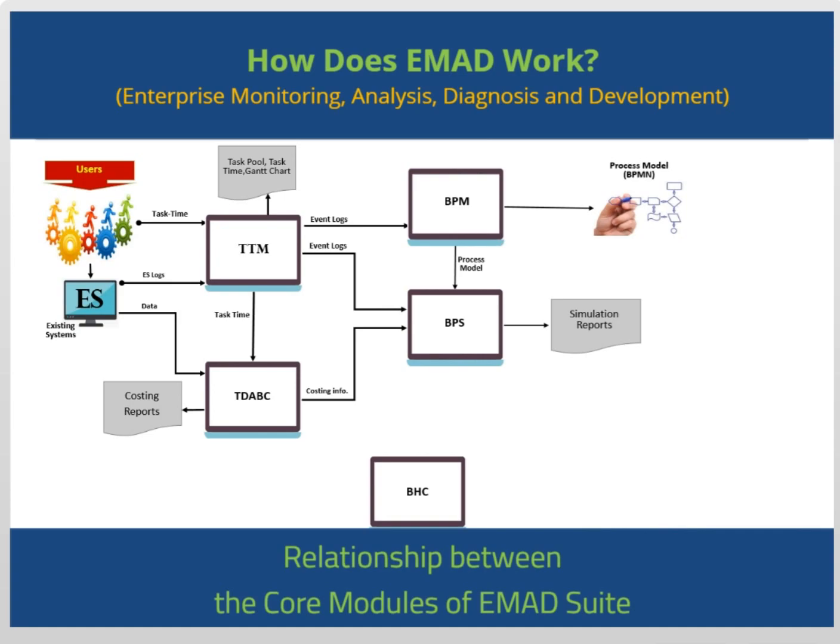There are three main outputs of Business Process Simulator, or BPS. One of the outputs is bottleneck identification in business process models, which is really important. And another one is finding resource utilization. Resource utilization helps managers to maximize resource efficiency.